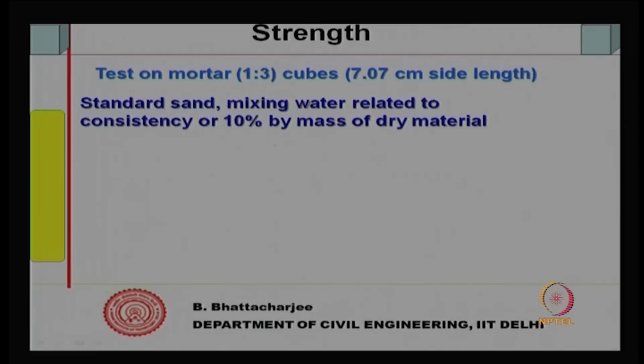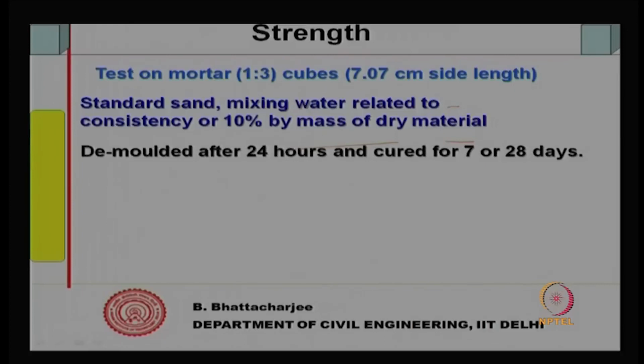Mixing water is related to consistency by a formula, or 10% by mass of dry material, total dry material, cement and sand, or in some codes it is related to P, standard consistency, right.